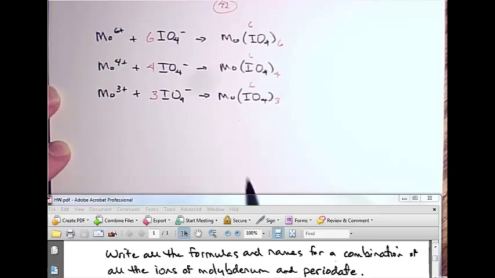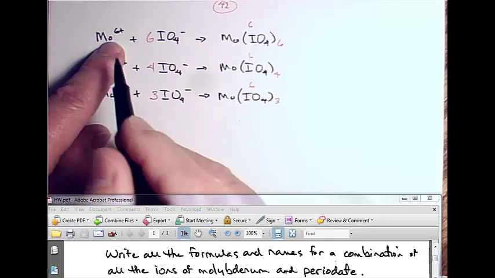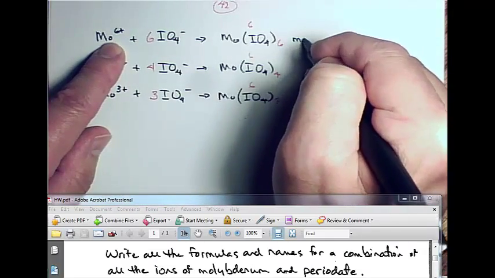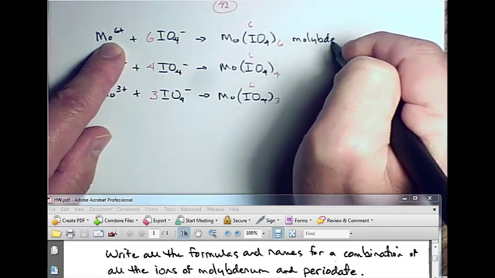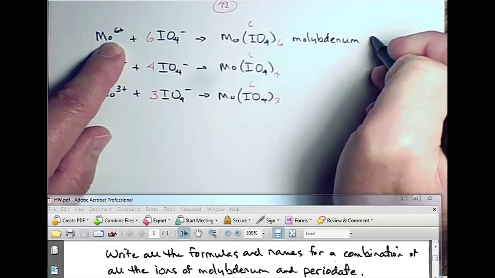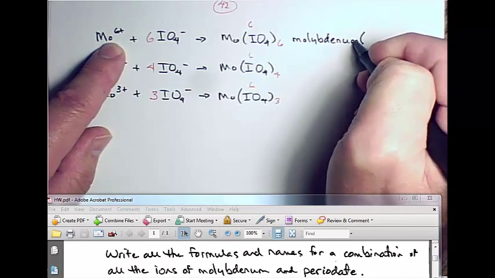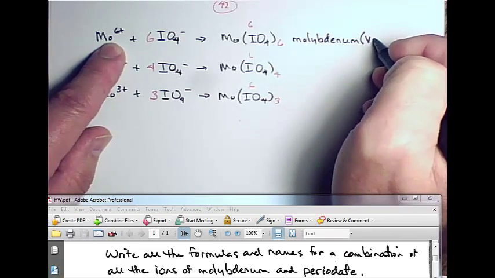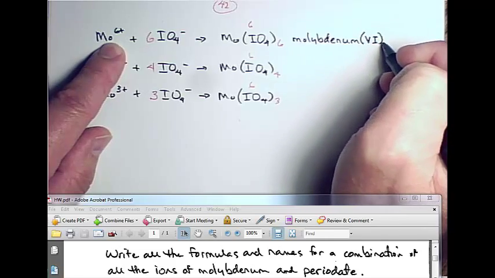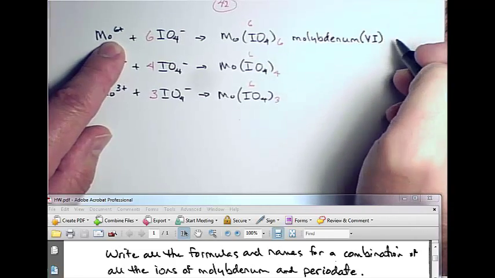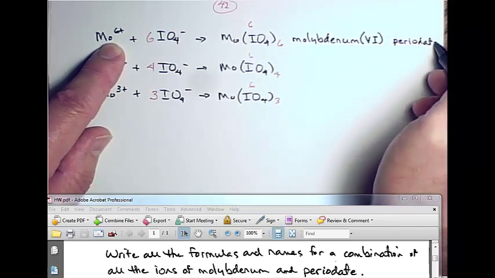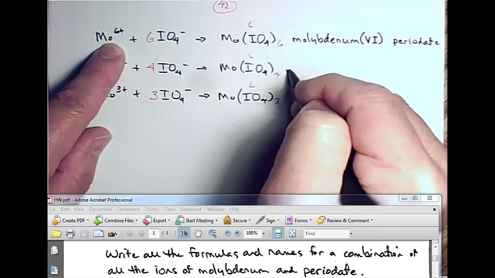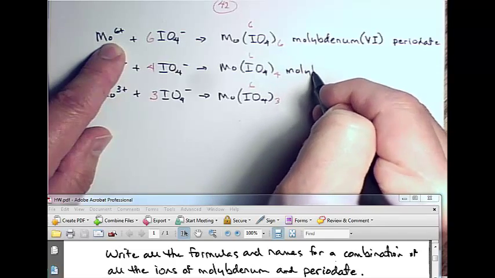The names then, this is molybdenum 6. The Roman numeral needs to be right up against the name, but there's a space between this name and the second part of this, periodate, and this would be molybdenum.